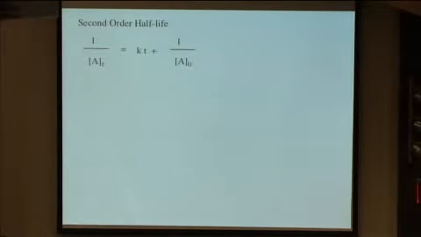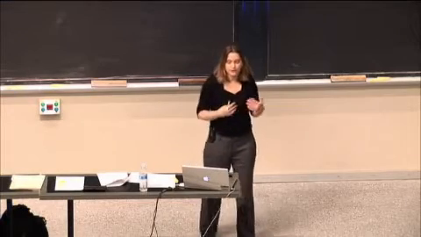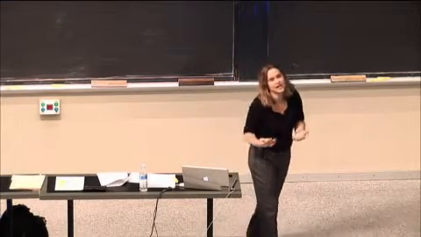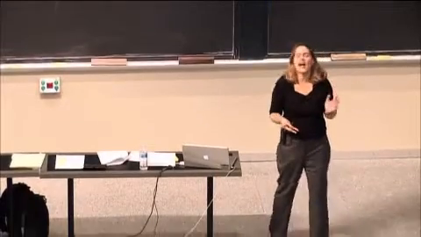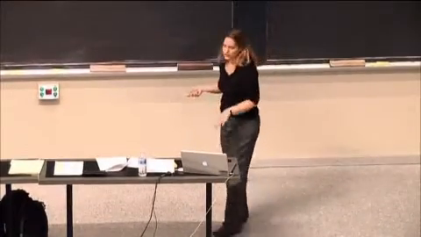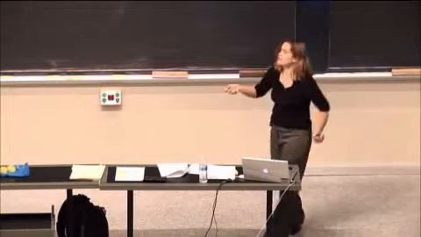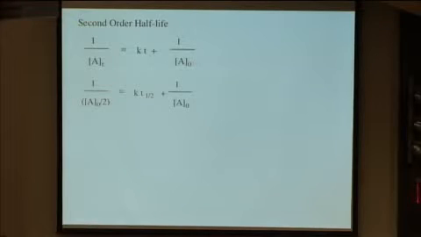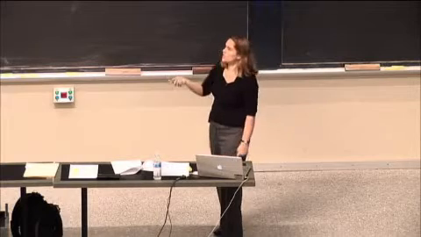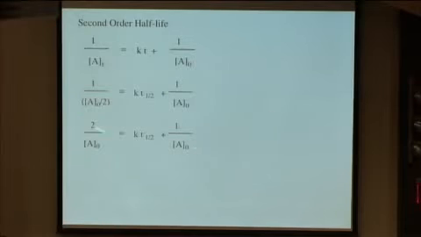So in terms of second order half-life, we talked about first order half-life, and for any half-life, it's just the time it takes for half of the original material to go away. So we can rewrite this and take A at time t and substitute in the original concentration divided by 2, and then we can give t a special name, t half. So that's the half-life. Now we can simplify this expression.